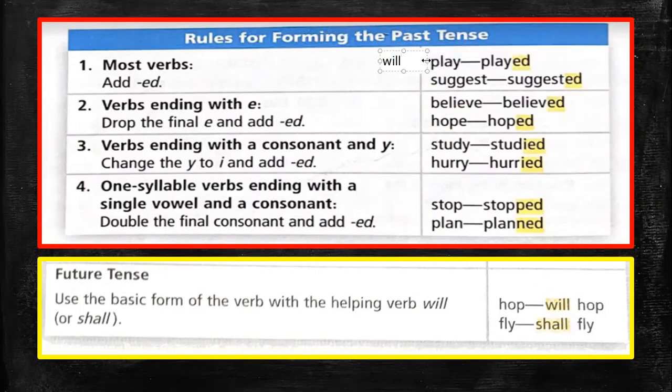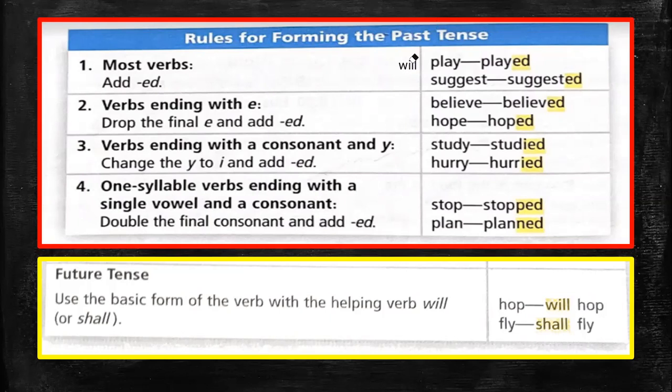Just by adding will next to it, now we have will play, will suggest, will believe, will hope, will study, and will hurry. It's important that you understand this. A future tense is always going to be a verb phrase. It's always going to have the word will, and the verb is going to be in its base form. All right.